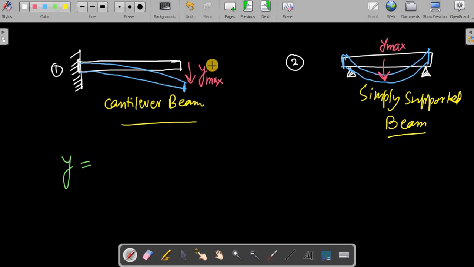Let us consider the beam has no mass, the massless ideal case. You are going to apply some force, a load, at the end. You can take W, where W is the weight in Newton.